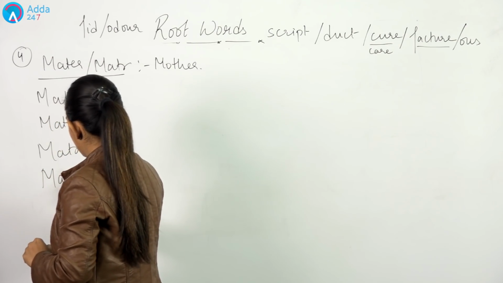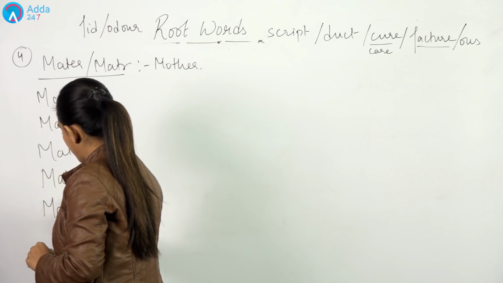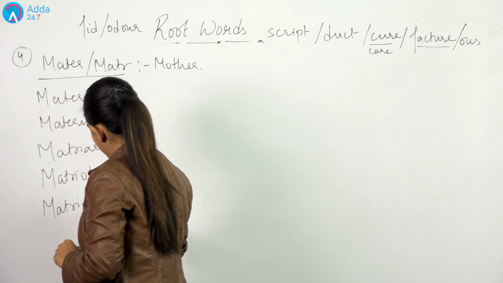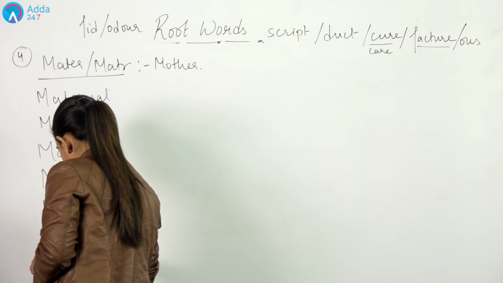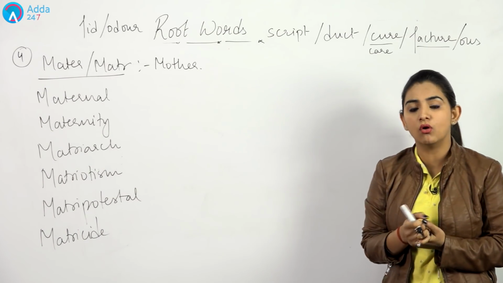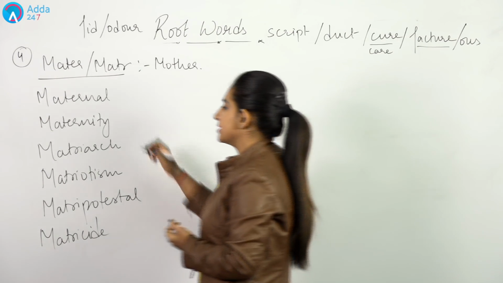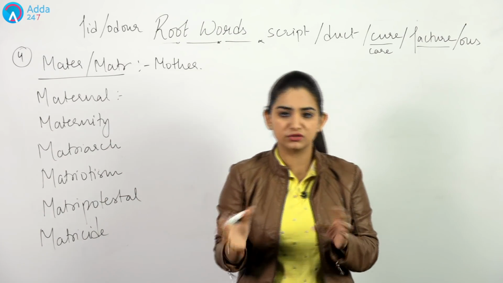Then we say matriotism. We have matripotestal. Then we have matricide, right? So you have a lot of words that are made through the word mater or matr. Now, when I say maternal, maternal is of or relating to mom, to your mother, to your mum.